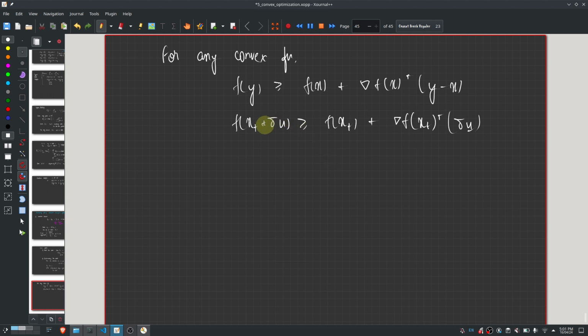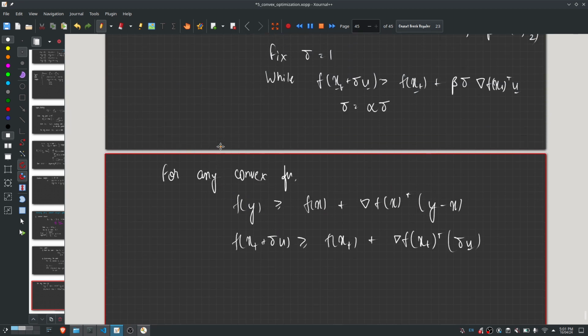But what we want to make sure is that it's not just greater than or equal to this particular quantity.